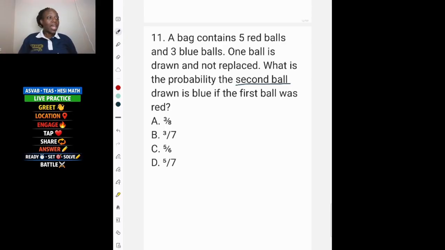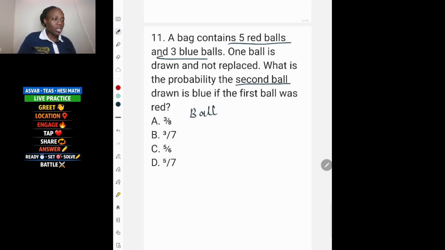A bag contains 5 red balls and 3 blue balls. So 3 plus 5, making how many balls inside that bag?